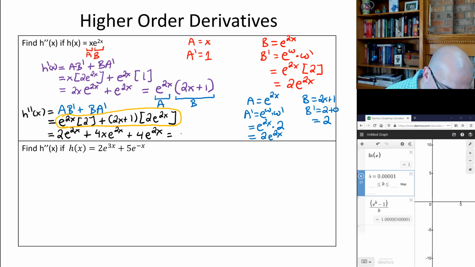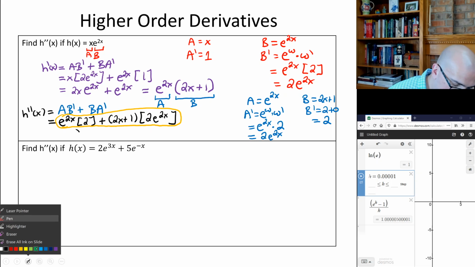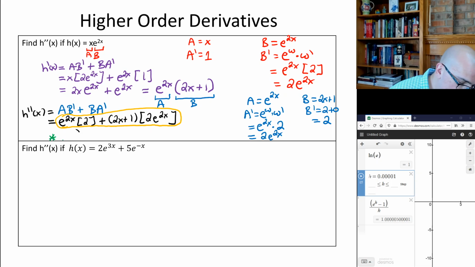And then do some common factoring. So 2e to the 2x. Oh, I'll just leave it. You know what? I didn't want to cause confusion. This is already confusing. Let's leave it alone. I will say that it simplifies. I'll tell you what it simplifies to.